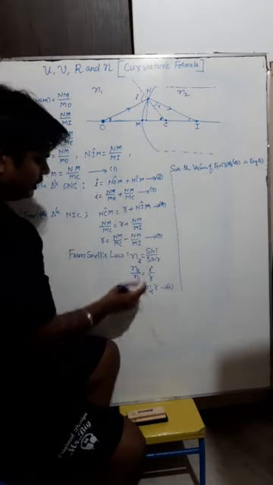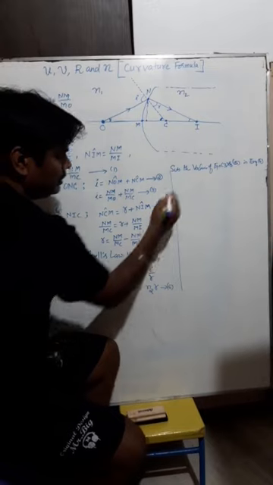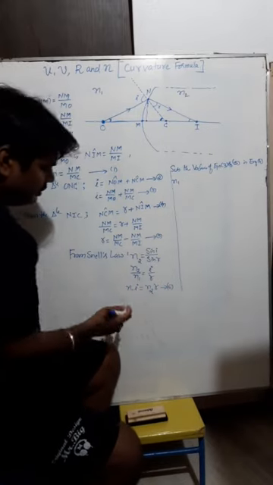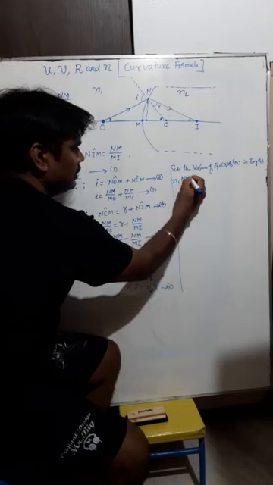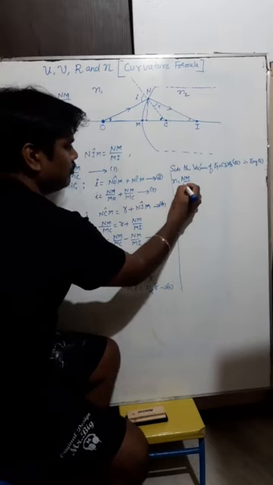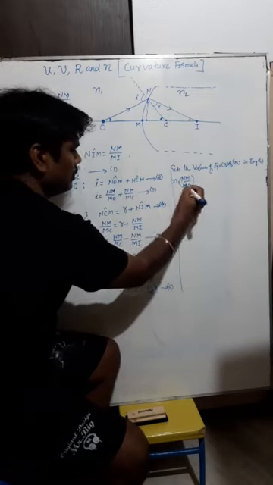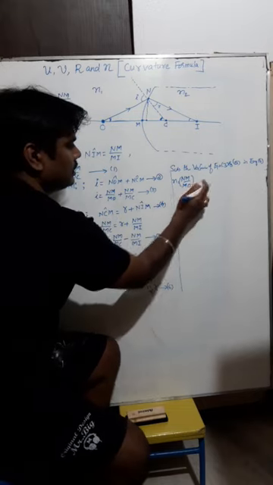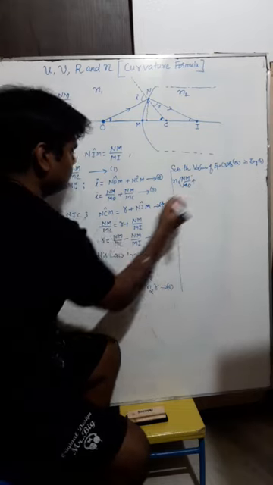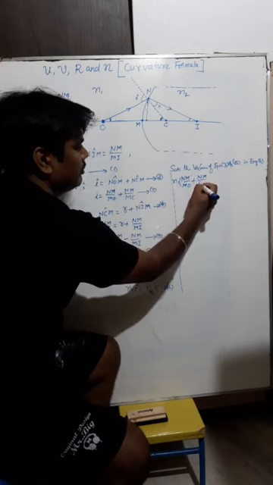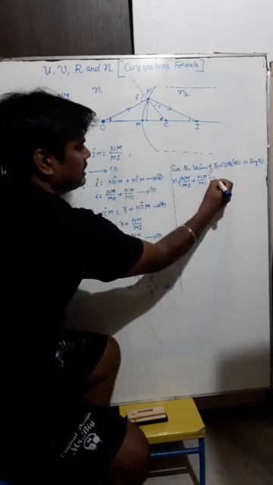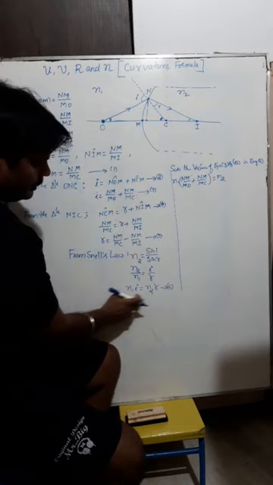Then it will become N1 I. N1 you write as it is, N1. I value, here it is NM divided by MO, plus NM divided by MC, which is equal to N2 into R value.